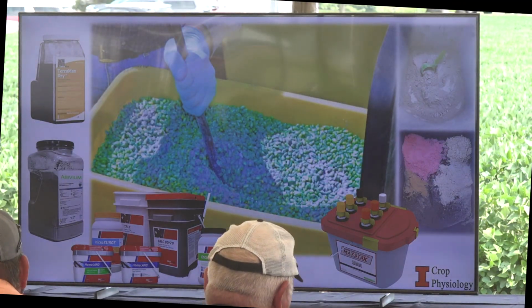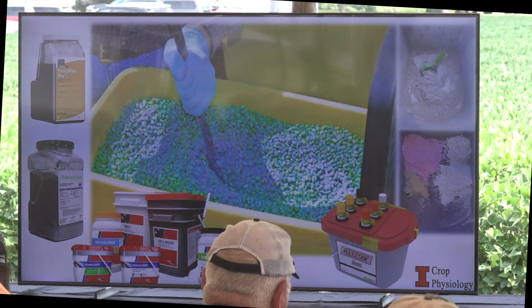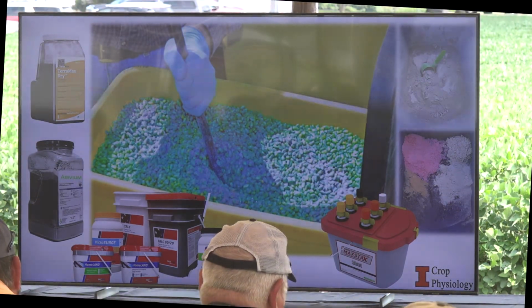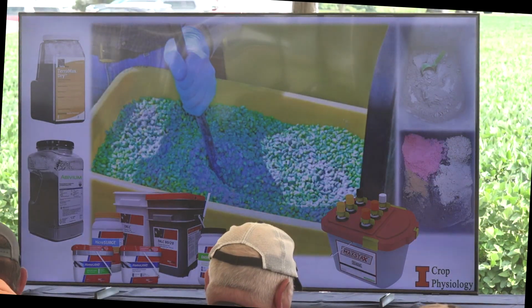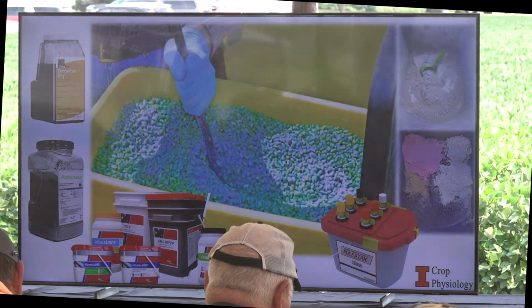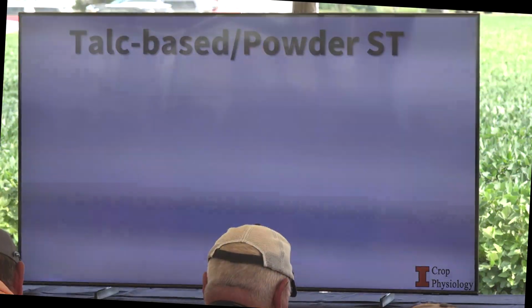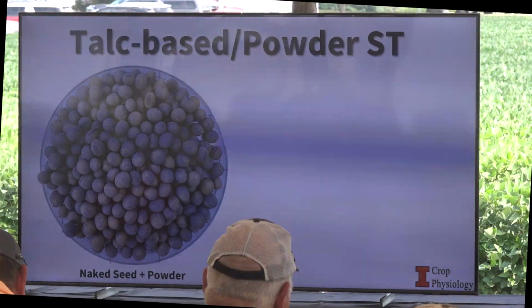And they're showing to be very convenient for farmers because they can be applied at the seed planter. But there can also be some challenges, especially because it's a very thin powder. It can easily cause a lot of dust. And also related to the coverage, how uniformly the products can cover the seeds.